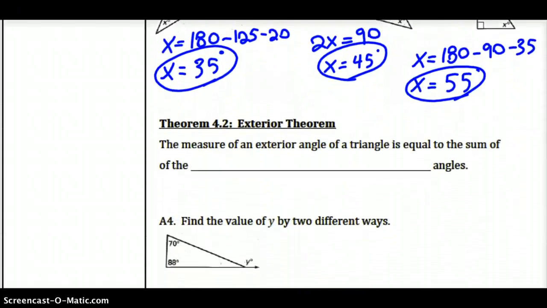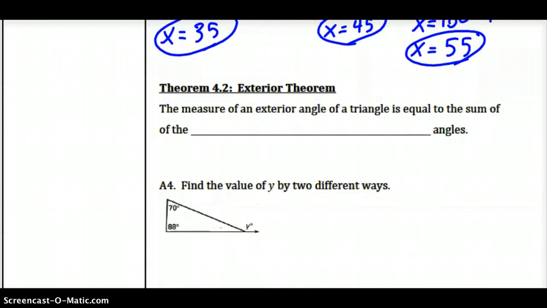Finally here we have the exterior angle theorem for a triangle. Here the measure of an exterior angle of a triangle is equal to the sum of the remote interior, or non-adjacent interior, angles.